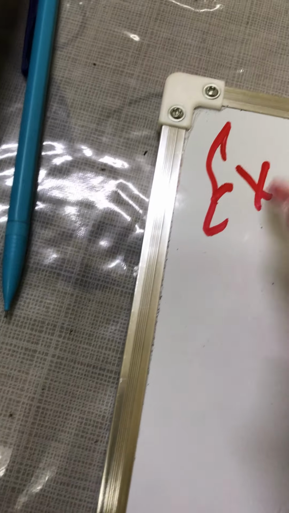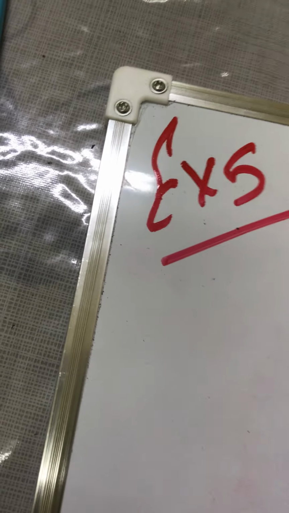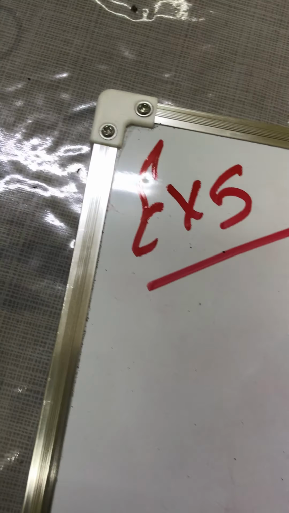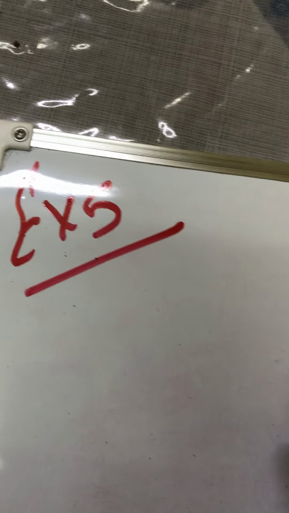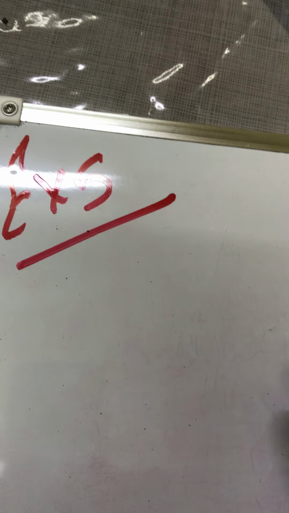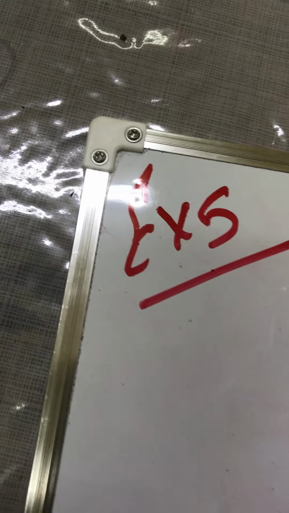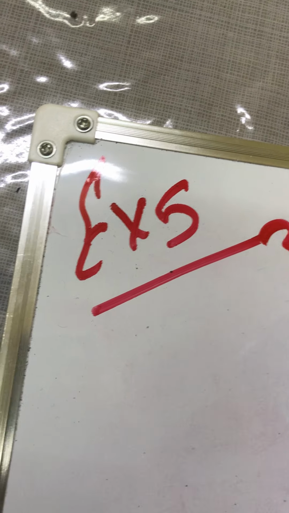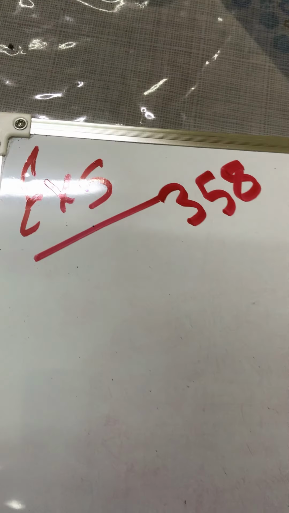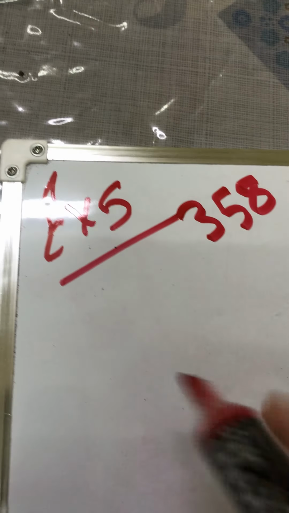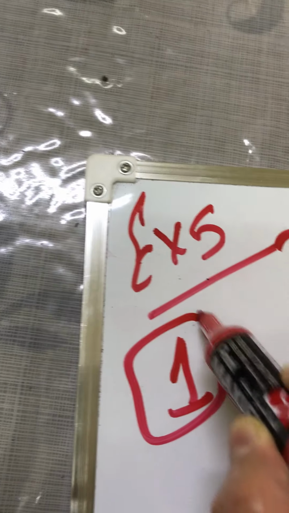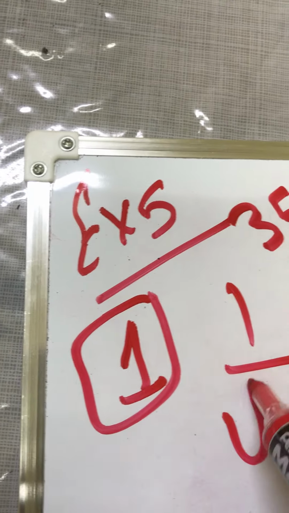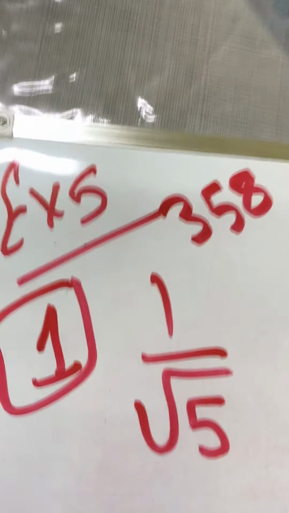Now, I'll start to solve exercise 5. This is our lesson today, the first part of our lesson. We have another idea, but I'll give you this idea today. I think it's very easy. Look here. I am in exercise 5, page 358, question number 1. 1 over square root of 5.